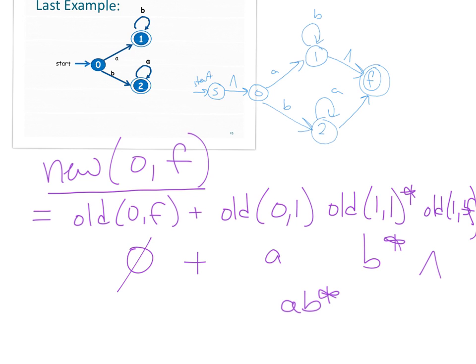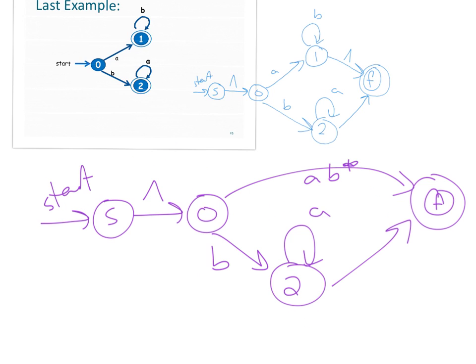So, I mean, really what we're going to end up doing, right, is we're going to get rid of state 1 and all those stuff that went from 0 to F. We're going to make a new transition there from 0 to F, which is going to have this A B star on it. Okay, so let's do that a little bit more neatly. We're going to put A B star on a transition from 0 to F. And there you go.